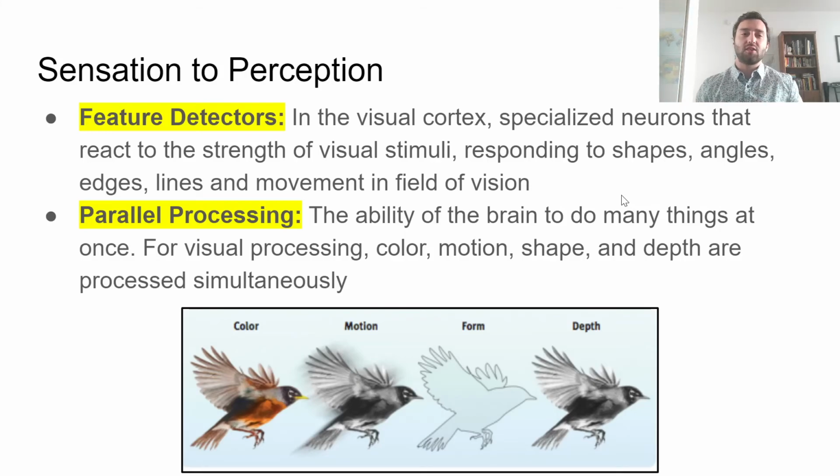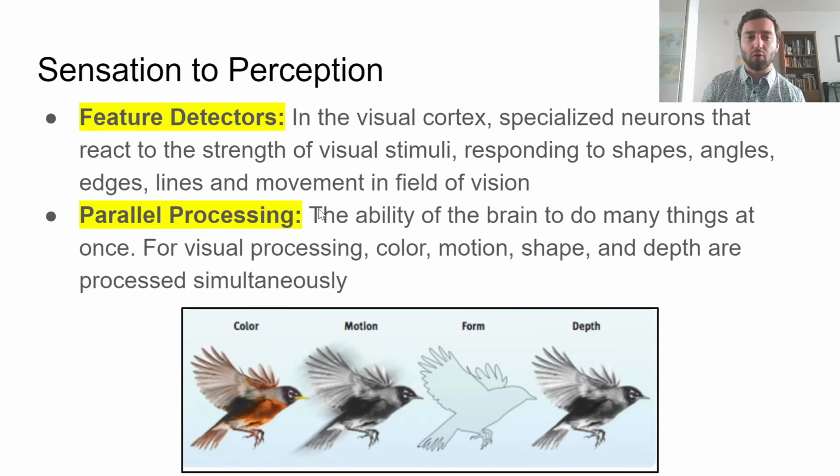So what's happening then is we've got these feature detectors that are all doing a different thing for whatever we're seeing. Through parallel processing, which we've talked about before, right, which is our brain doing multiple things at once, all of these parts are going to be organized and interpreted at the same exact time.